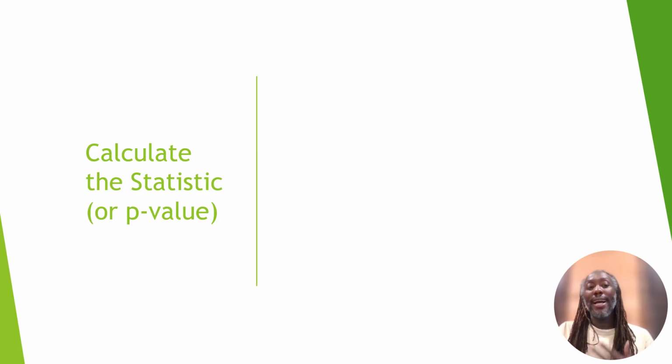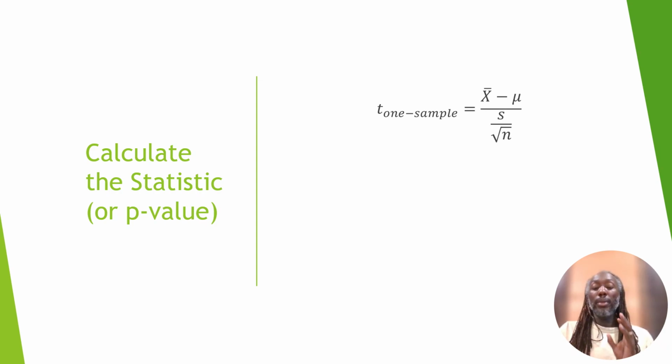Now, we're actually going to calculate our statistic. In the previous lecture, I sort of gave you a general idea of how a t-statistic is calculated. It is generally similar to the calculation of a z-statistic, but there are some slight differences. To calculate the t statistic for a one-sample t-test, I'm going to take the difference between the mean of my sample, or x with the little bar over the top.